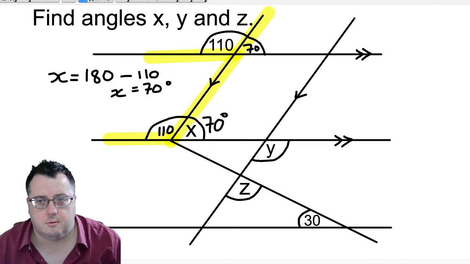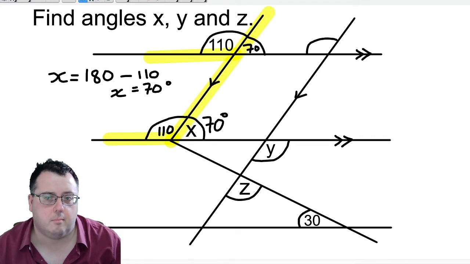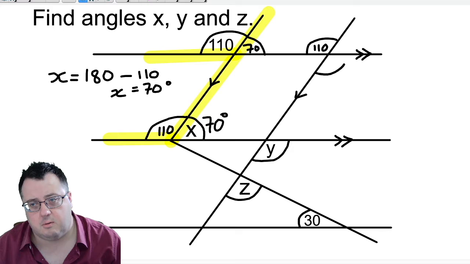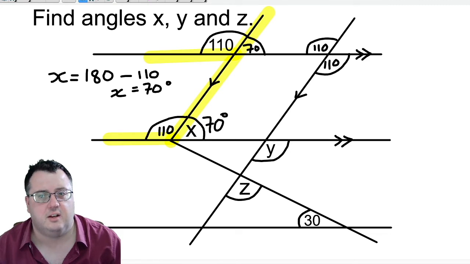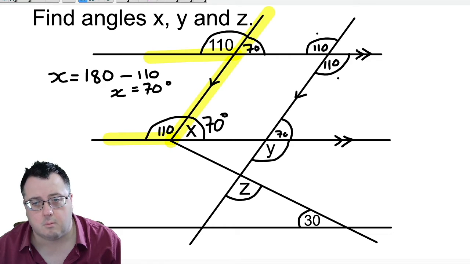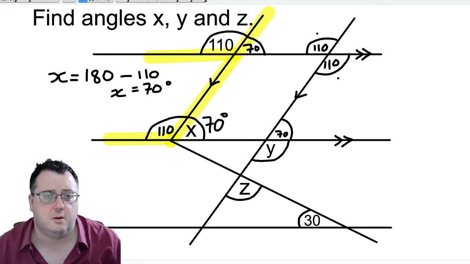This will be 110 because it's allied with that 70 at the top. This angle here will be 110 because it's vertically opposite the angle here. This angle must be 70 because it is co-interior with the 110.